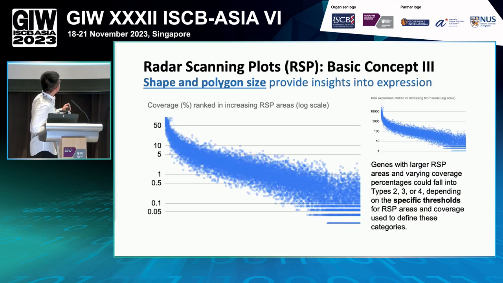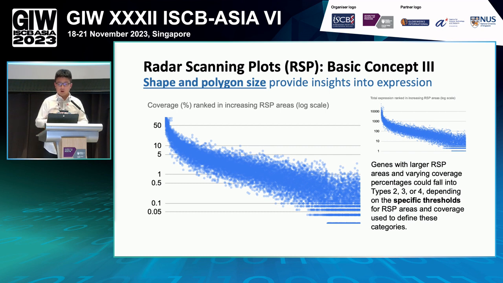The other concept is that, looking at coverage of these particular genes against the RSP area, we can see that there is a log decrease from the lower coverage down to the higher coverage, which shows that as coverage gets bigger, you will see a decreasing level of RSP areas.